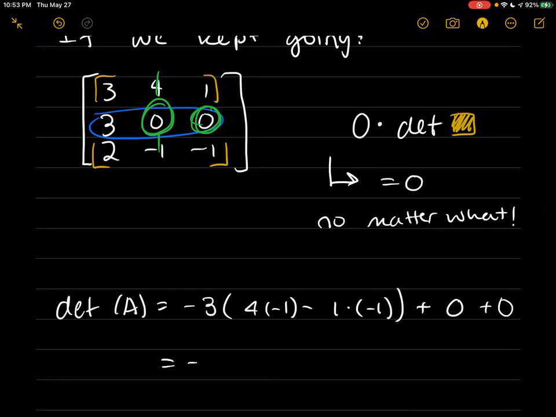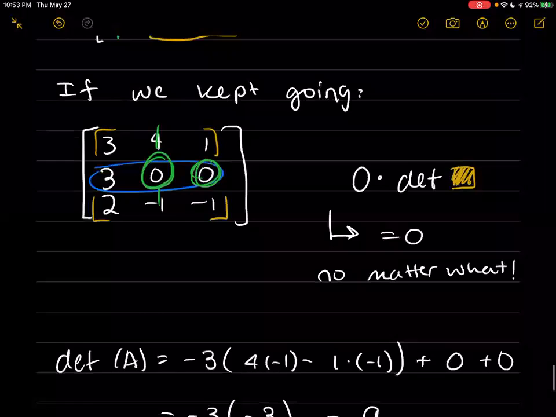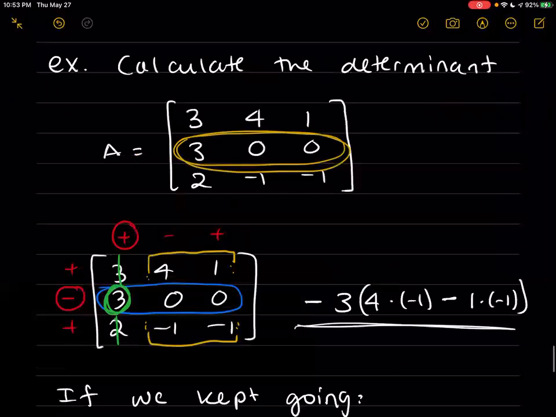So then if we simplify this, it's a negative 3 times negative 4 plus 1. So it's going to be negative 3 times negative 3. And that comes out to positive 9. So if you can pick a row or column that has more zeros, there's less work. So that's why sometimes you want to pick some that aren't just the first row or the first column.